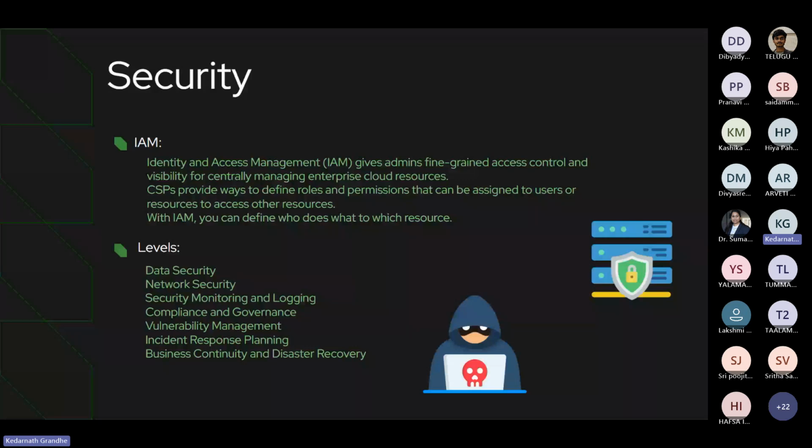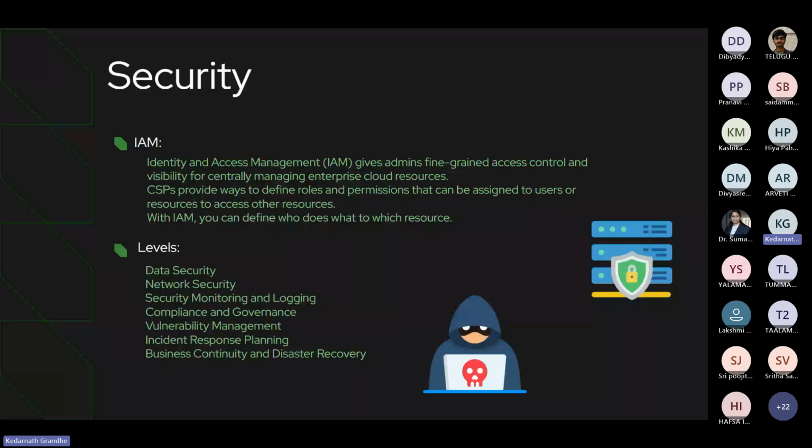You can write policies and enforce them on several resources. Like who can log in to your cloud, who can access a particular EC2 instance with particular labels, maybe. So that can also be controlled.